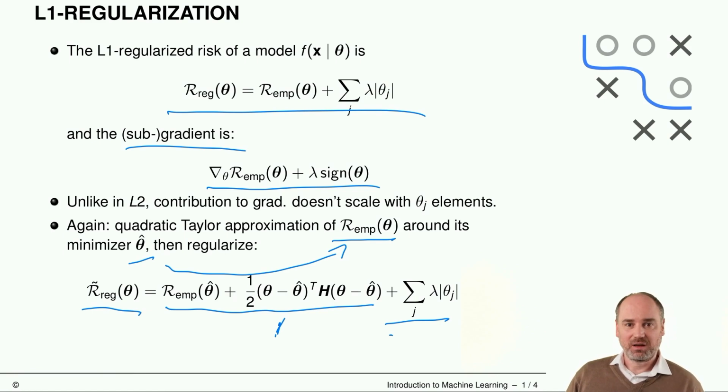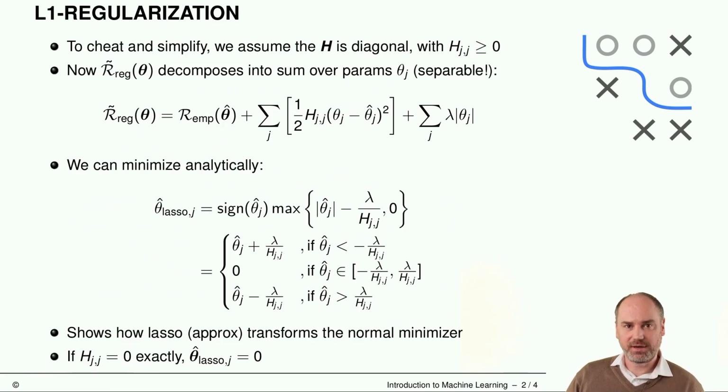Now, even with that thing, it's not so easy to deal with, especially because of the non-differentiability here of this L1 term. So I'll cheat even further and simplify further by assuming that H is actually of diagonal form. I probably really can't do that. Well, I guess I can maybe again assume something like a Mahalanobis transformation, whatever.